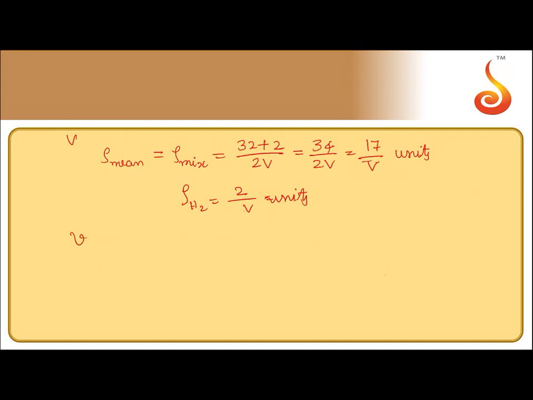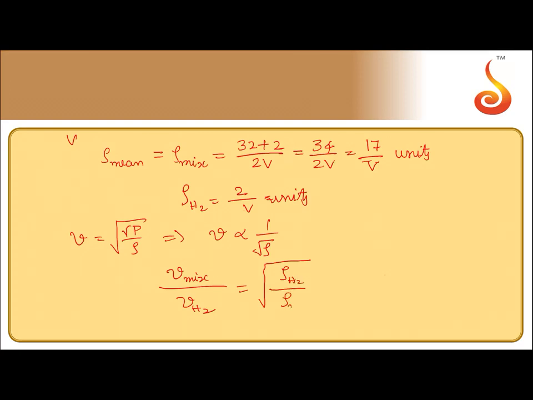Now we know that velocity of sound is given by root of gamma p by rho. So v is inversely proportional to root rho because they are at the same pressure here. So velocity of sound in the mixture divided by velocity in hydrogen should be equal to square root of rho of hydrogen divided by rho of mixture.